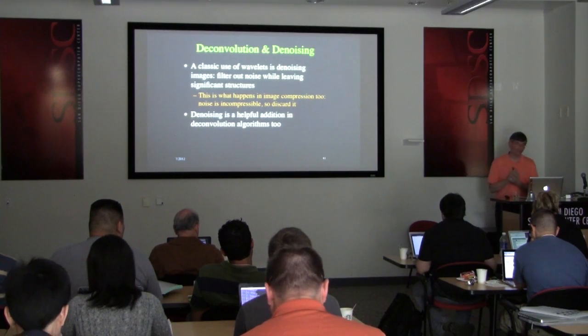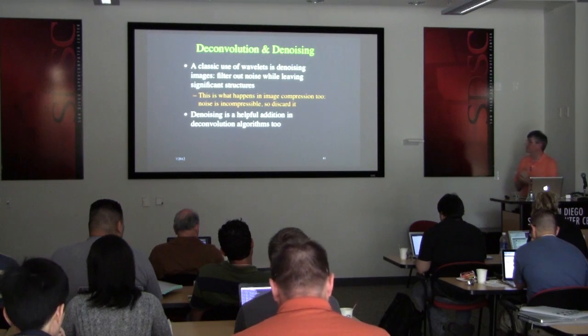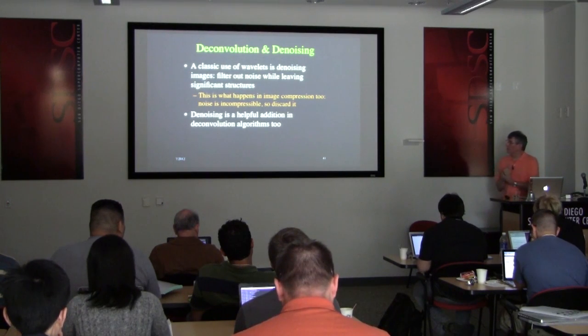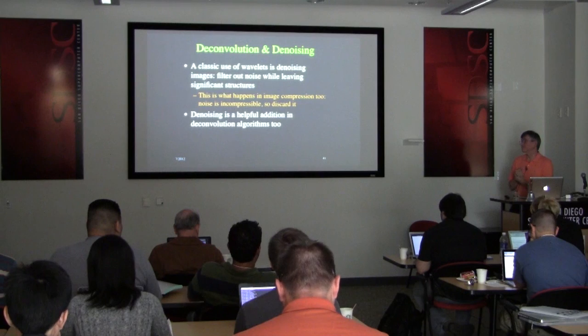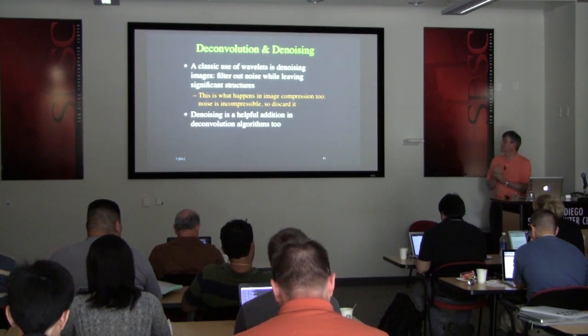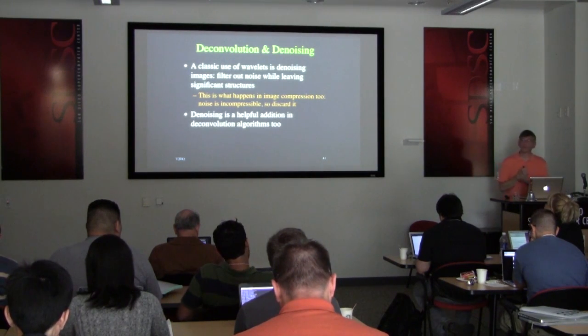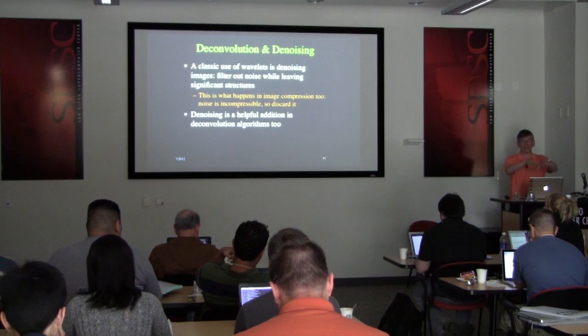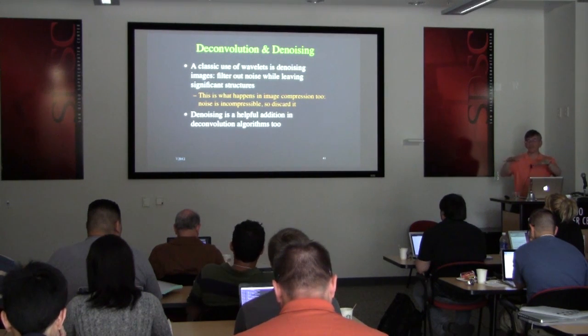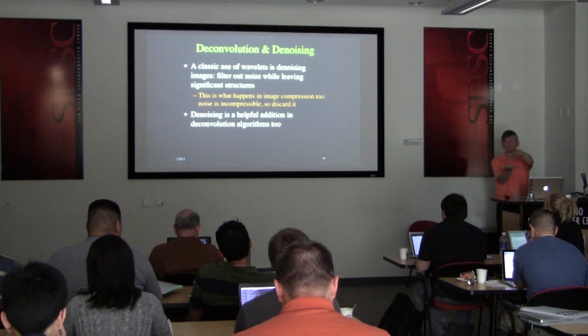Here's another application. A classic use of wavelets is denoising. One of the easiest algorithms to use is called wavelet coefficient shrinkage. What you do is you transform the image into wavelet space. What you have is then all these difference coefficients. You take all those difference coefficients and you just shrink them towards zero. So you reduce the amplitudes of those coefficients.